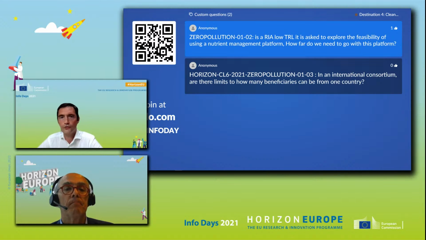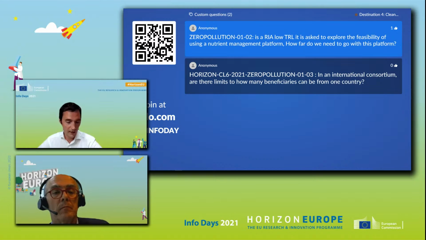So this is a research and innovation action with a TRL of 5. This means that it should be validated in a relevant environment. So this is the basic. And in particular, there is this task to develop a platform which allows precision nutrient management at farm scale and landscape level.